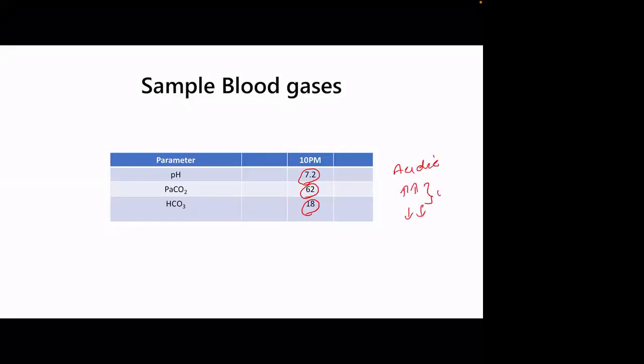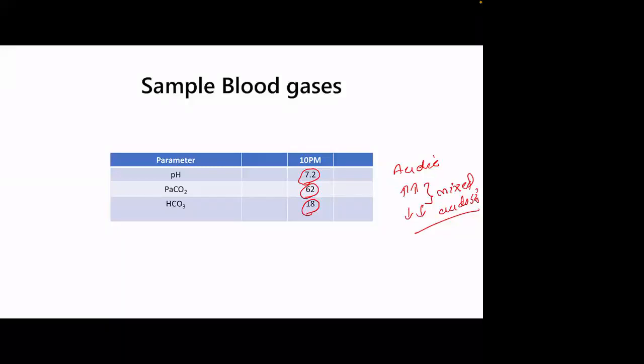So this comes as a mixed acidosis. But we have to know whether this mixed acidosis is the major defect in this infant. For that, we need to know the previous blood gases.